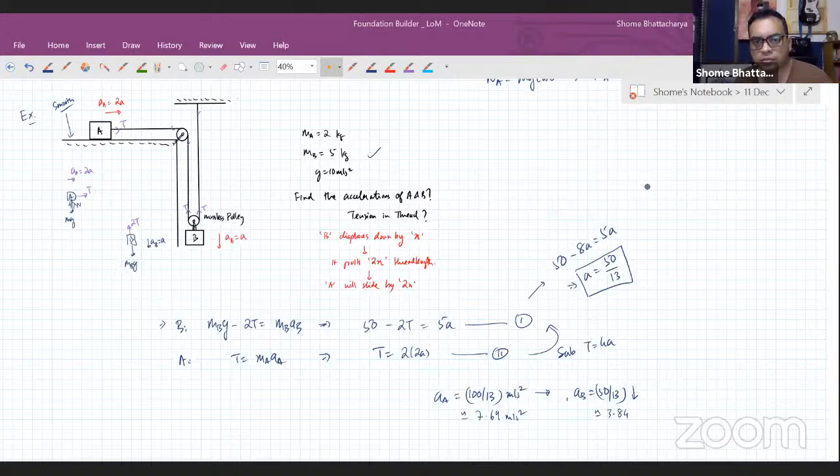Yes, you got it correct. Okay. And yeah, from this now you can find out the tension. So you can see that the tension is nothing but 4a. So it's 200 by 13, or approximately 15.38 newtons.